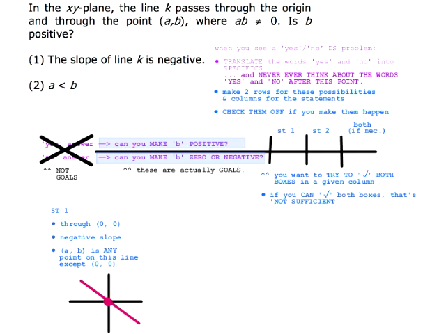Yeah, you can. There it is. B positive. Can you make B negative? Yeah, of course you can. So there it is. So we can check off both boxes. The purple possibility checks off that box. The blue possibility checks off that box.